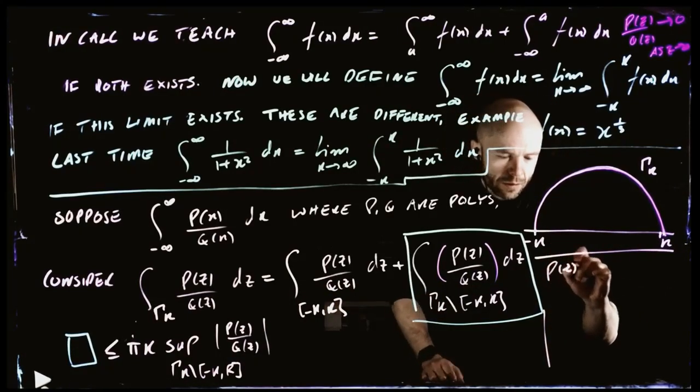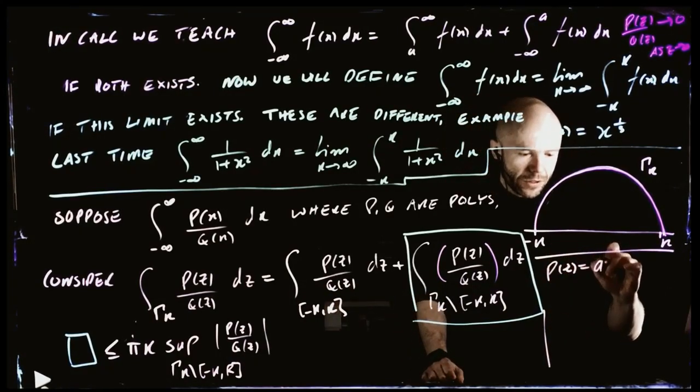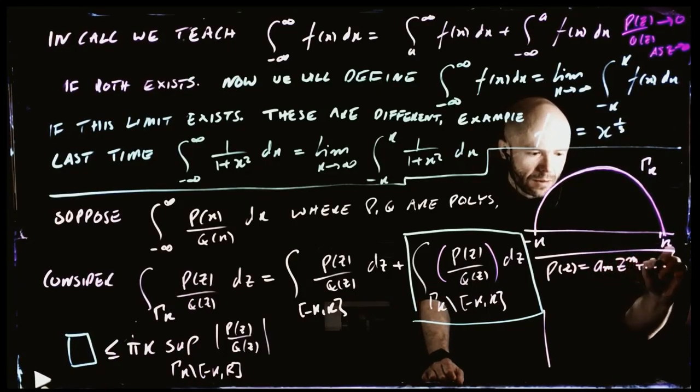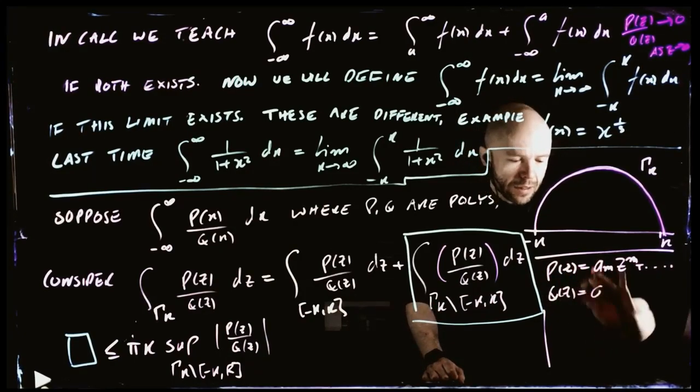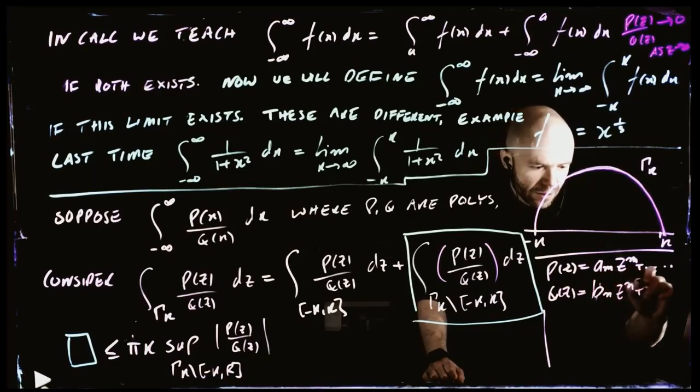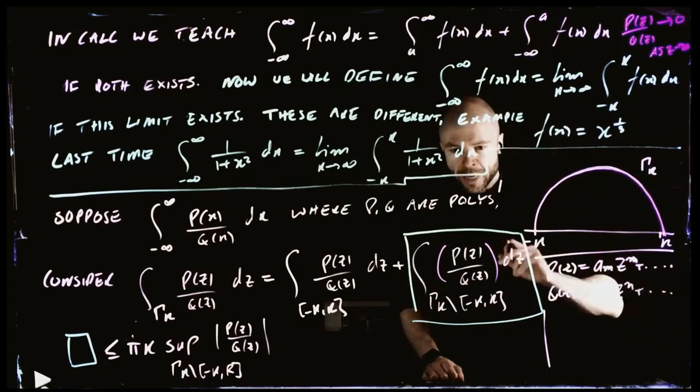If p of z is a_m z to the m, and so on, and q of z is b_n z to the n, and so on, then n has to be bigger than m in order for this thing to go to 0.